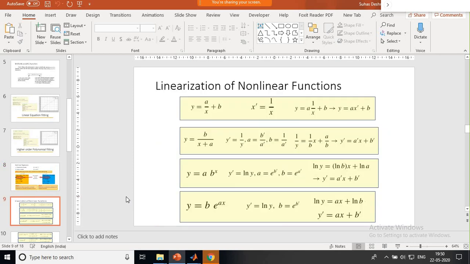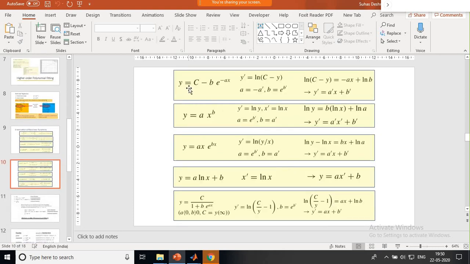So there are different curves we can find for non-linear functions. You can have this reciprocal function. You can convert that by substituting different values, x for this, y for this, and so on. This is also one more equation. This is a power model, this is an exponential model, and similarly there is one more exponential model with a constant, then again a power model, then again an exponential model with an x multiplied with it.